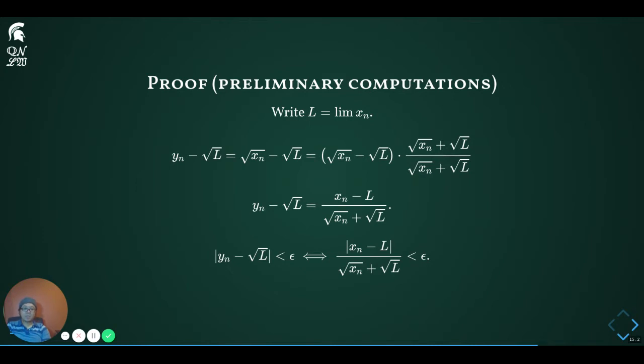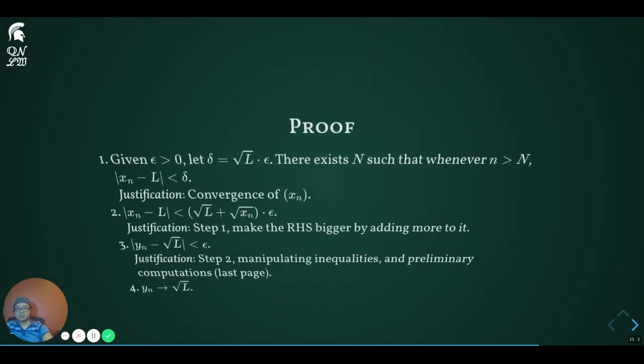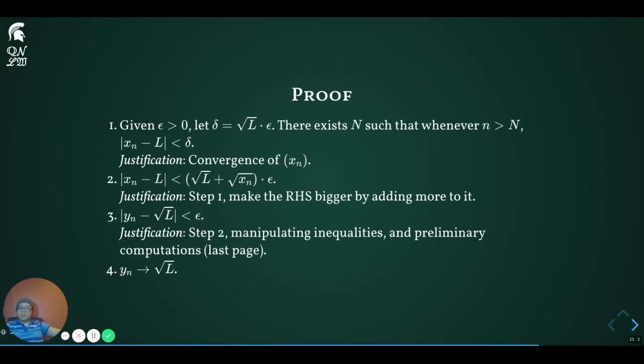Now, let us start the proof. Given the epsilon that we need to treat, first we define a delta by setting it to square root of L times epsilon. Then, by the convergence of x sub n, we can find a capital N such that for later indices, the distance between x sub n and L is less than delta.